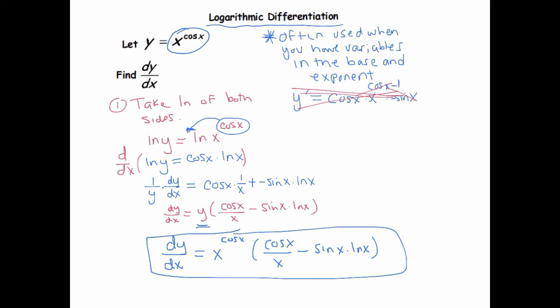Alright, so if we kind of mark the steps, the first step I wrote is take the log of both sides. I'm going to put this here as step 2. In step 2, what we did was we differentiated implicitly with respect to x.